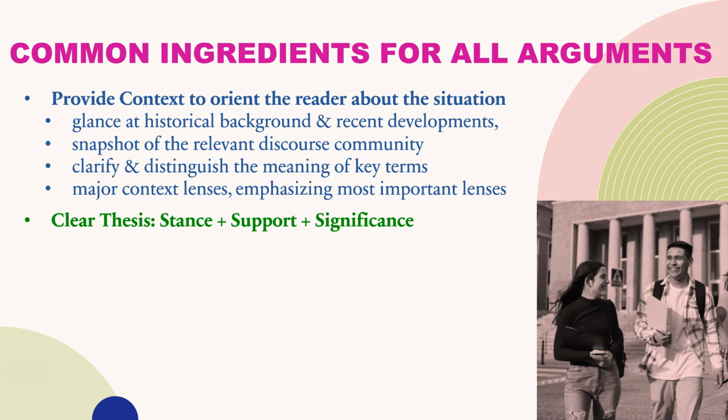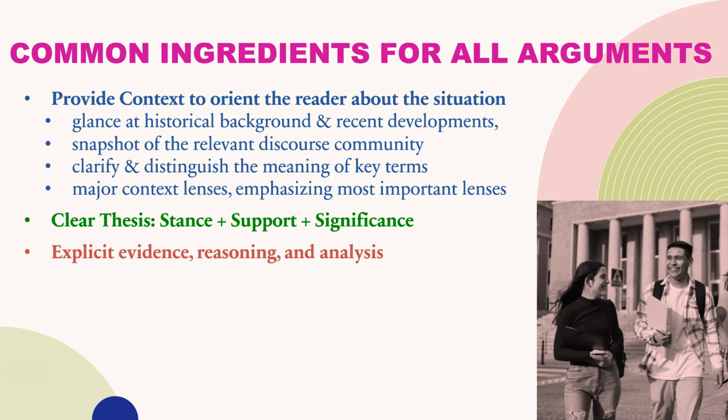So a roadmap for how you are going to guide the reader through certain topics, certain reasoning, and a statement about the larger significance, a statement about why this topic is so important to some of those context lenses that we've learned in class. How this argument is going to change the way we address psychology, society, culture, history, politics, aesthetics, ethnicity, gender, wealth, ecology, symbolism, etc.